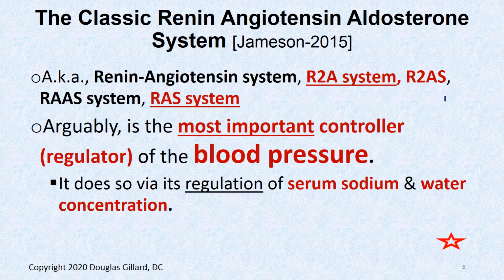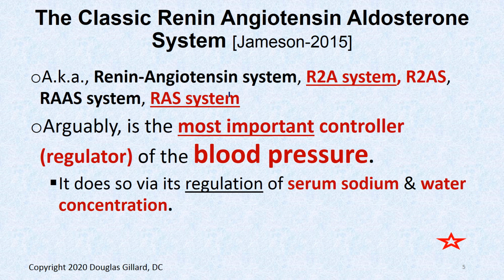All right, so the R2A system, many AKAs for it. Some call it the RAS system, or the RAA system, the R2A. I tend to call it the R2A system. Officially, it's called the Renin Angiotensin Aldosterone system, which boards don't like to abbreviate, so you might actually see it written out as the Renin Angiotensin Aldosterone system. But you should know all these AKAs for that.